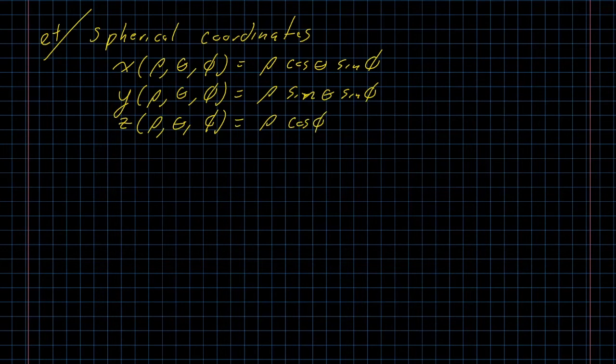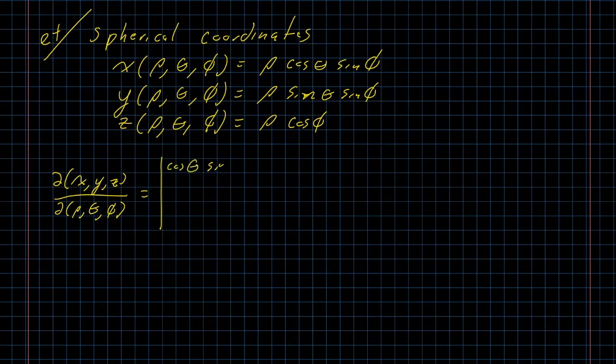And so we can set up our Jacobian the same way we had previously, partial of x, y, and z with respect to rho, theta, and phi. I'm going to try to write this as small as possible so that everything fits. Partial of x with respect to rho will be cosine theta sine phi.